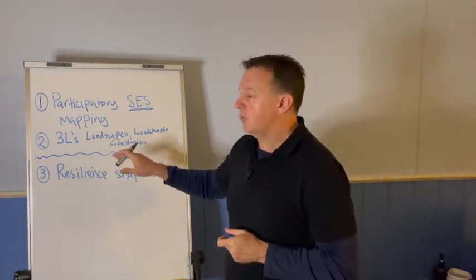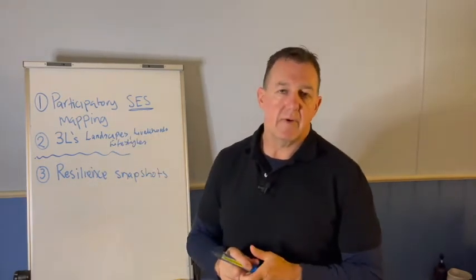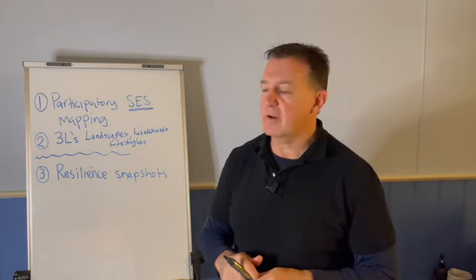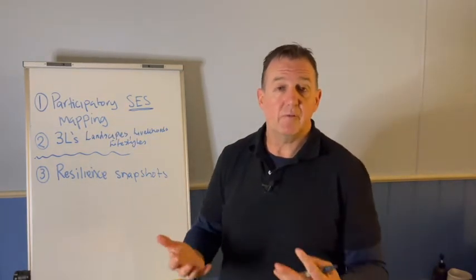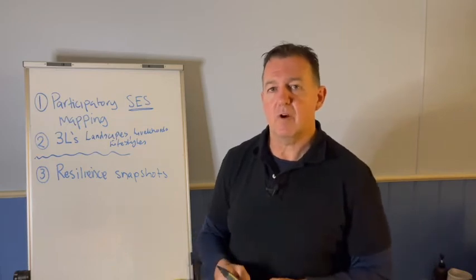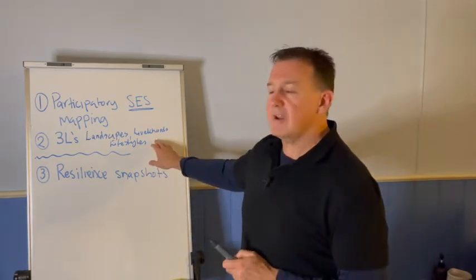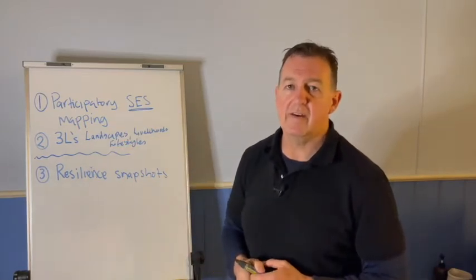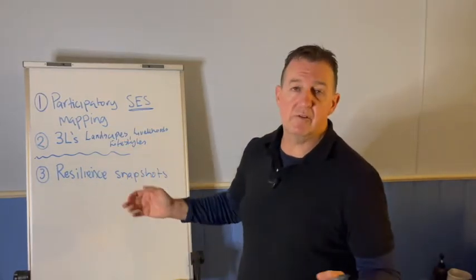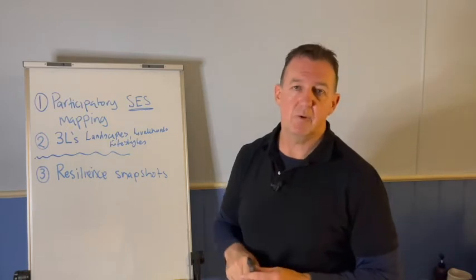This is a really simple tool to use as a starting conversation. So rather than the participatory mapping, which involves a fair bit of work and sitting down and spending a fair bit of time, this is a quicker version, if you like, of the participatory mapping, and something that can be done in a relatively short conversation with lots of different people.